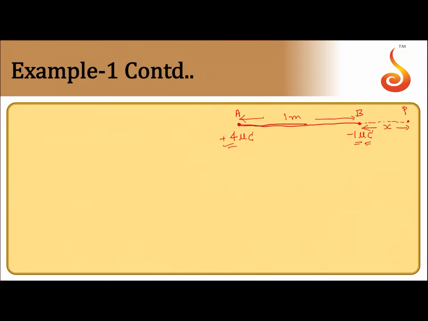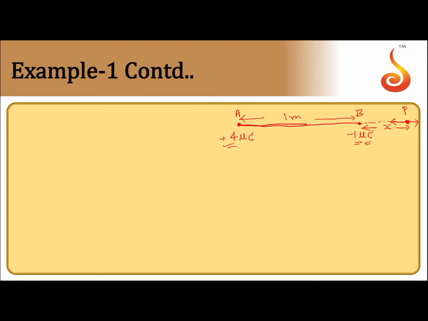So look at this, at point P, field due to charge at A is a positive charge, so it should be towards right, and field due to point charge at B should be towards left. So these two fields should be equal and opposite, then only the net field will be 0 at point P. At point P, already the directions of the fields are opposite, that we already know.